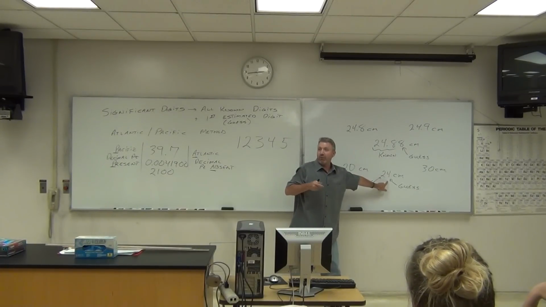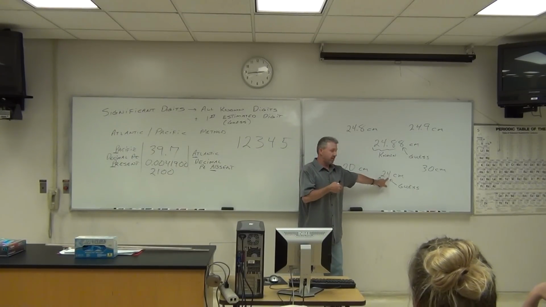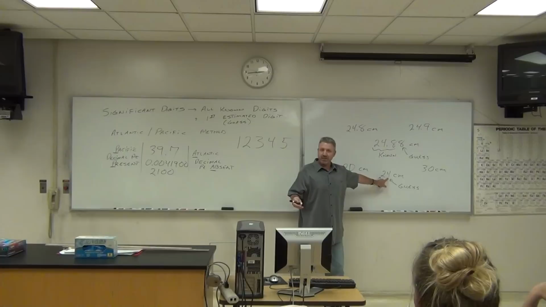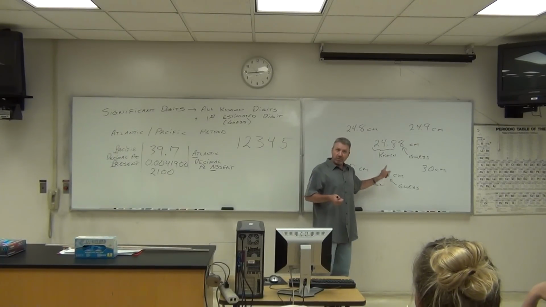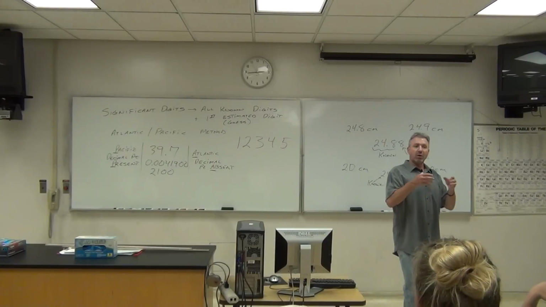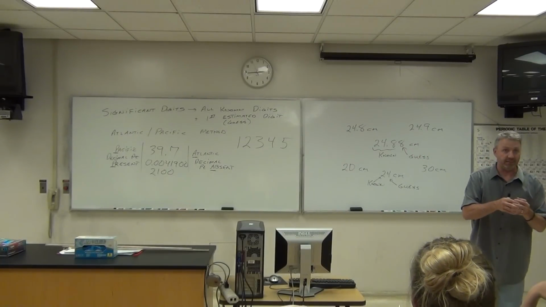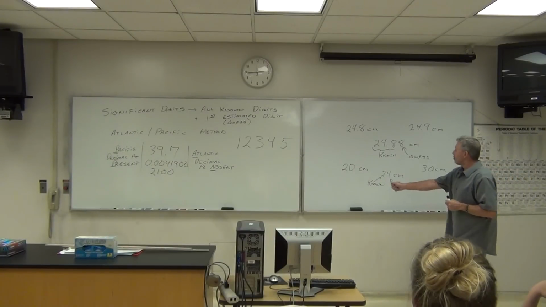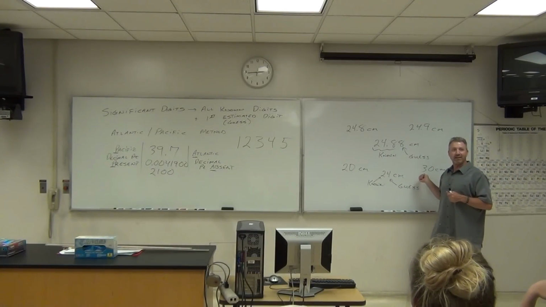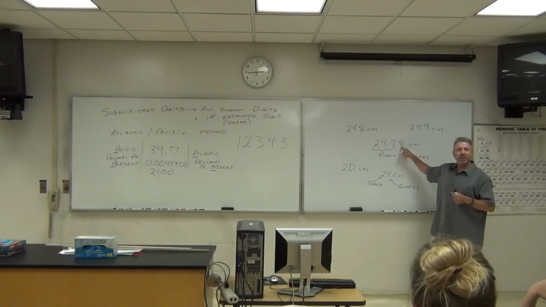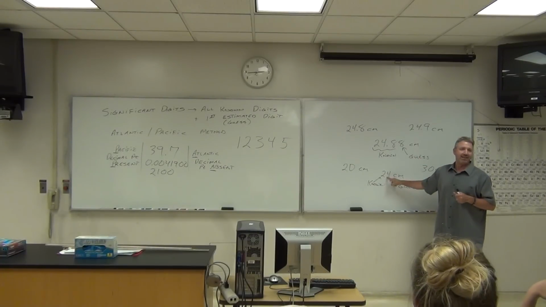Not necessarily a 24, because in this particular example, someone could have easily guessed 25. This is our guess digit, right? But both of them contain the 20. So we're pretty confident in the 20, right? And then we lose confidence as we go left to right, until eventually we get a number that we actually guessed at, which again, we have no confidence.